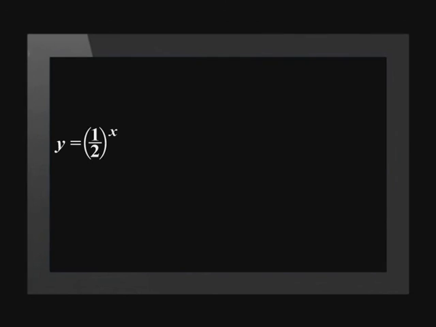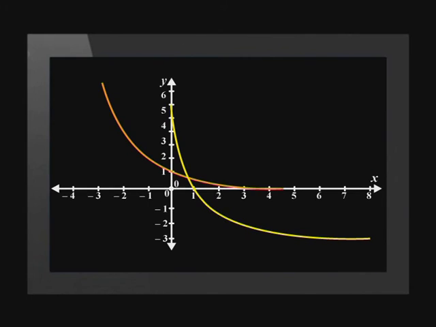Remember that exponents and logarithms are inverse processes. The inverse of our function y equals half to the power of x is y is equal to log of x to base half. Now let's plot the inverse on the same set of x's. Can you see that the y-axis is the asymptote of the inverse function?